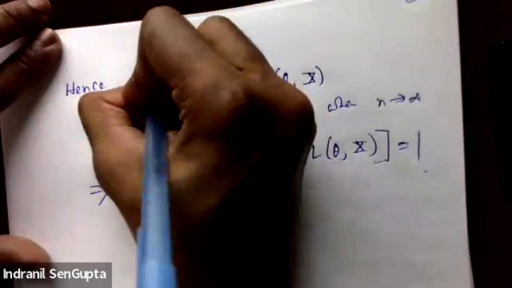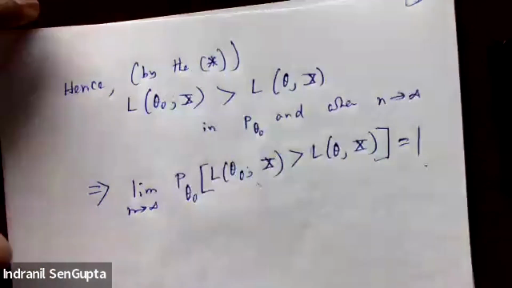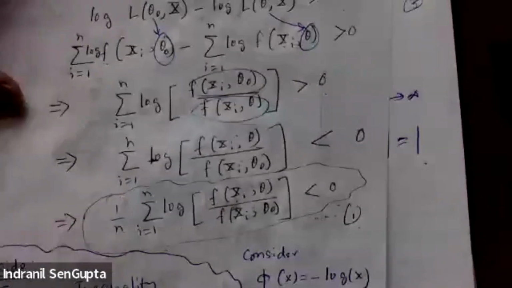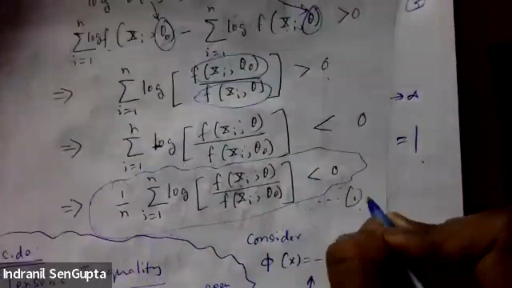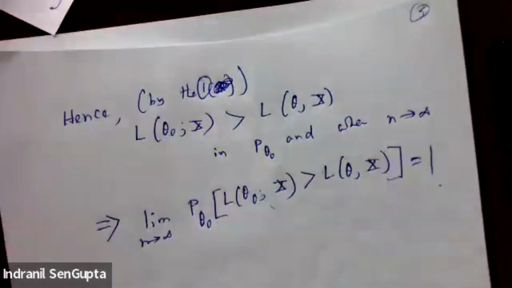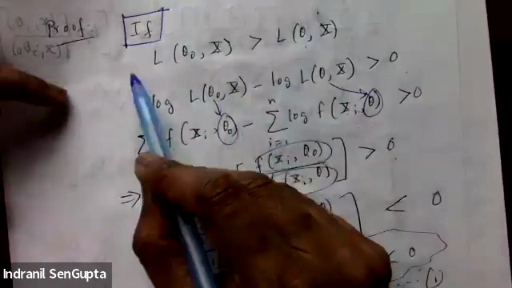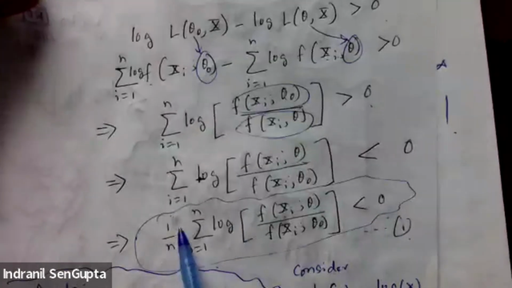Let me just write by the star, and star is right here, and 1 is right here. Once again, just to go back, we see that this statement is equivalent to this statement.